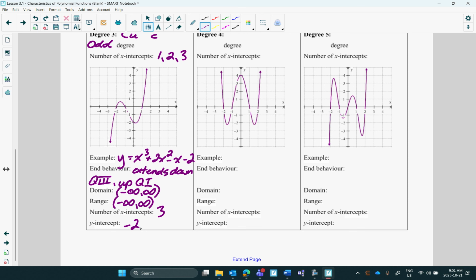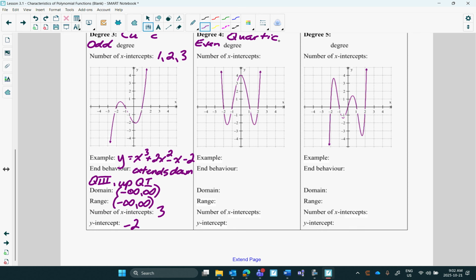Degree 4, which is an even degree. Any idea what we call that? Think French for 4. Yeah. Along that line, quartic. How many x-intercepts does this have?